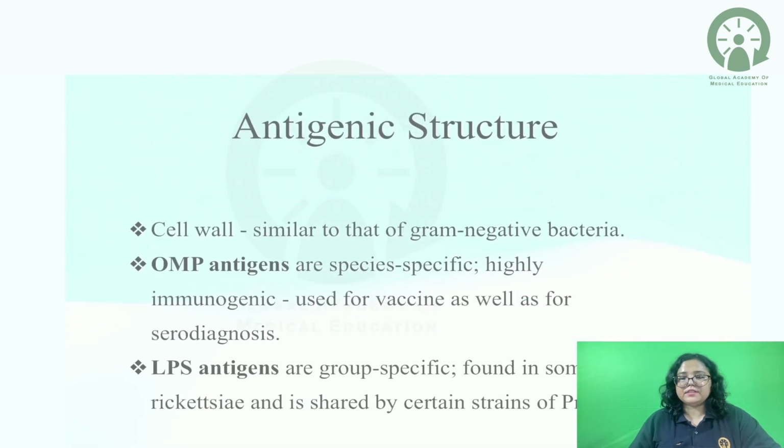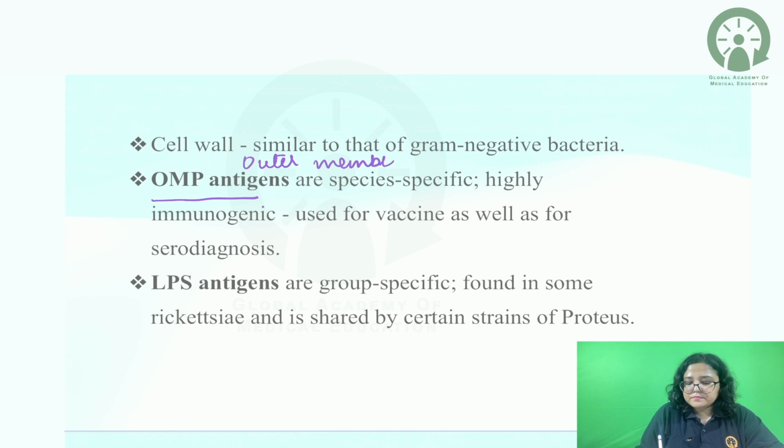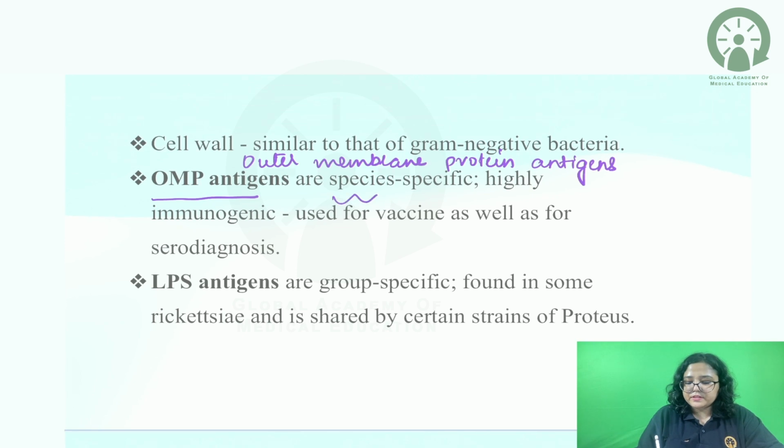Coming to the antigenic structure, the cell wall, as I have told you, is similar to that of gram-negative bacteria. It consists of lipopolysaccharide, peptidoglycan and some outer membrane protein antigens, which are species specific.